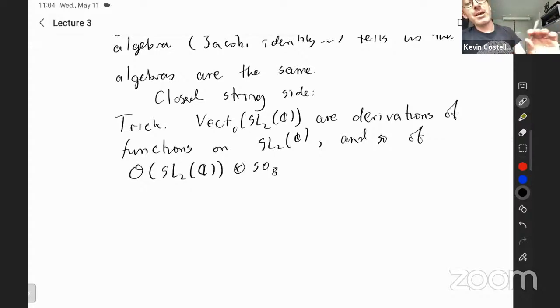And on the CFT side, you can kind of see explicitly why the closed string fields have to be symmetries.